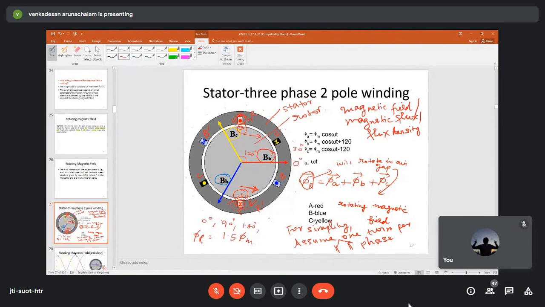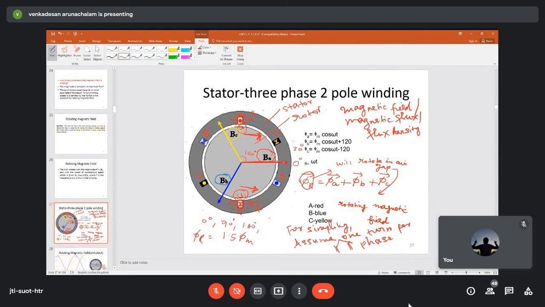But here, the flux direction is anti-clockwise, and the flux which cuts the rotor, that only forms the usual flux. So if you see the direction inside the rotor, this is your direction of the flux produced by this conductor. So the resultant magnetic field with respect to R phase or red phase is in this direction.